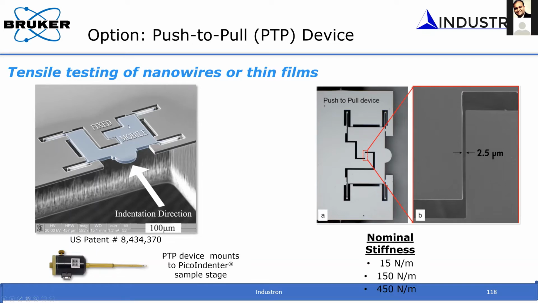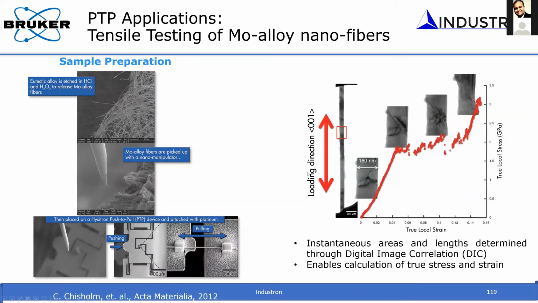For example, in this particular device, this is the mobile part and this is a fixed part. In this gap, if you put a sample and push it, it is going to apply a tensile stress onto the sample. That way you can do a controlled tensile experiment if you can fix the sample in between this gap. These gaps are generally about 2.5 micron. So that's what I'm going to show in the next video.